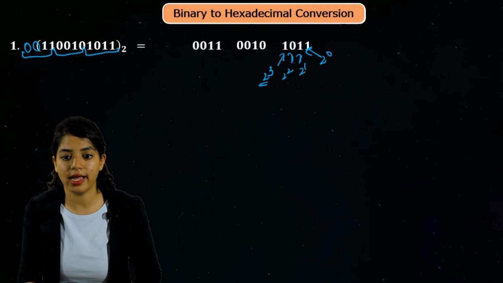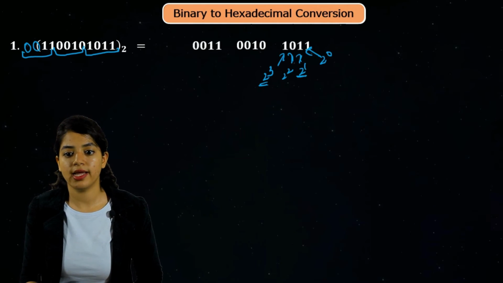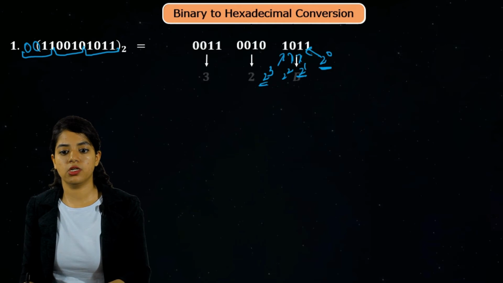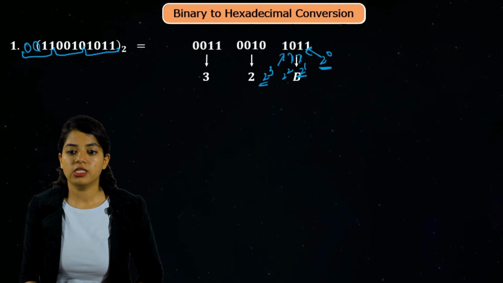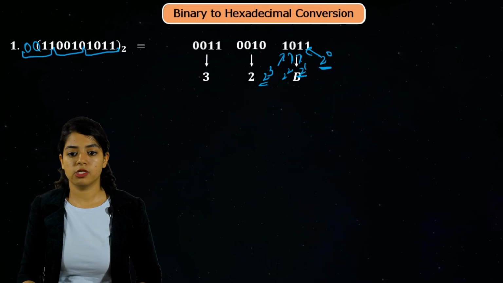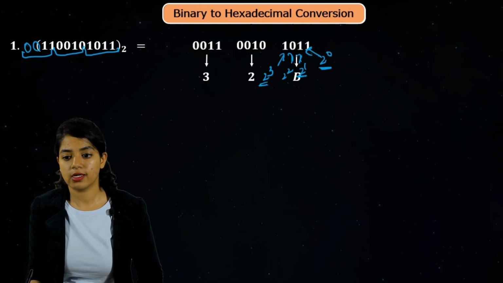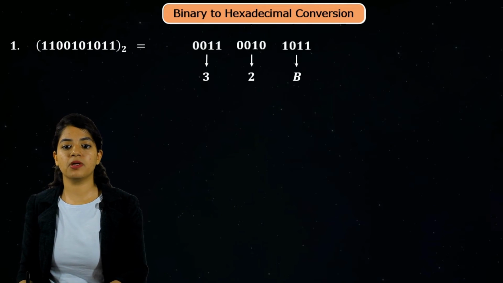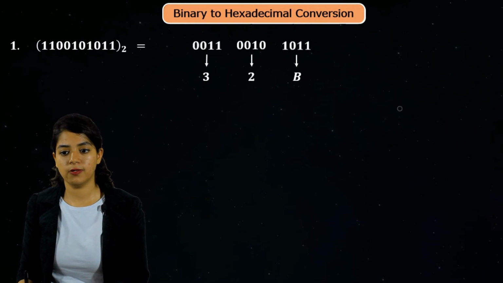This is nothing but 8 plus 2, 10, plus 1, right? So 11 is equivalent to B in hexadecimal. So it will be 3 2 B, correct? So 32B is the number represented in hexadecimal, right?